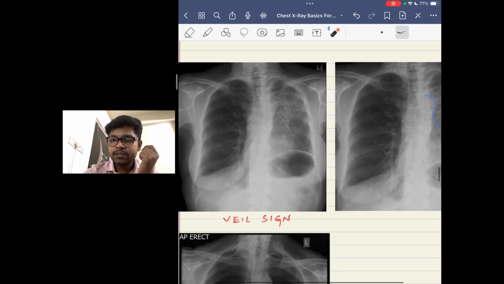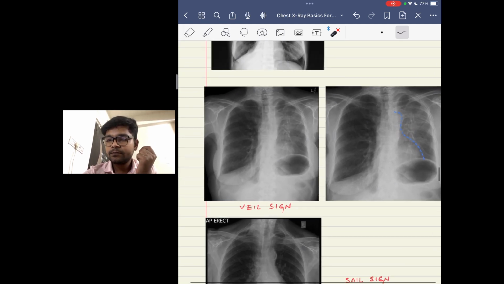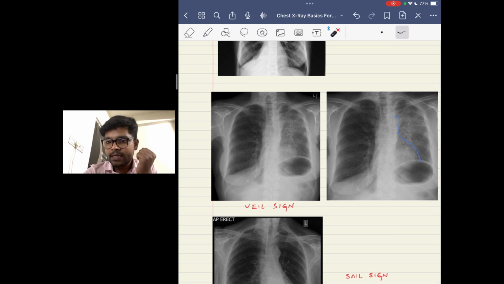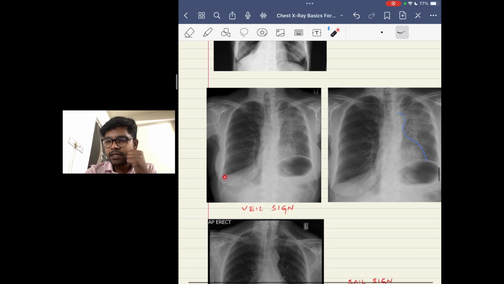This is the same X-ray, by the way, and if you want to say that there is some problem in the right diaphragm because it is not properly seen, you might be right. So there can be two pathologies in the same X-ray, but the idea is to sensitize you to the fact that the veil sign is applicable when you are discussing a left upper lobe collapse.